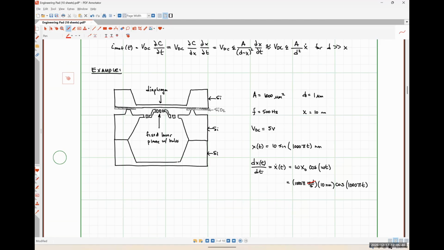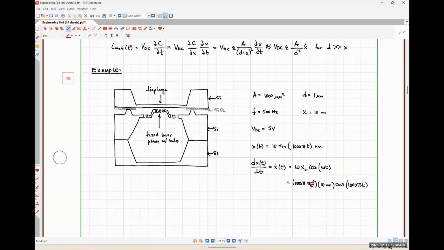So 1,000 pi times 10 to the minus 10. You're right, 10 to the minus 9. 10 times 10 to the minus 9, yeah.